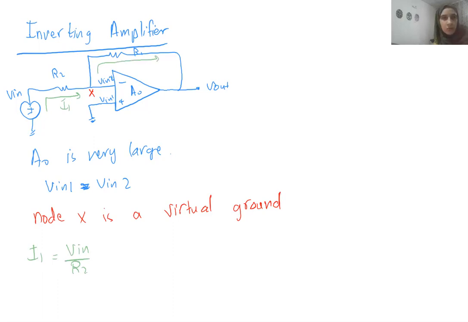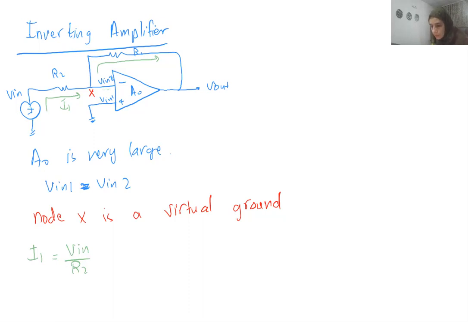Why does nothing go into here? Because, if we remember, this goes to the gate of the differential amplifier. So nothing goes there. So all the current will go into R1.